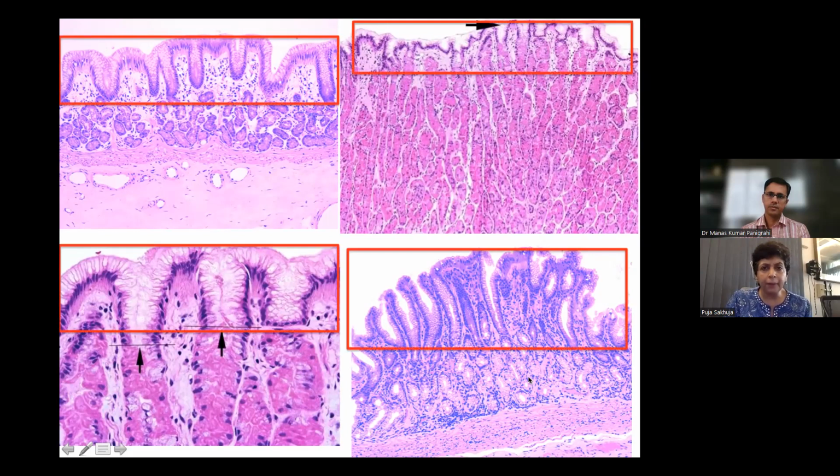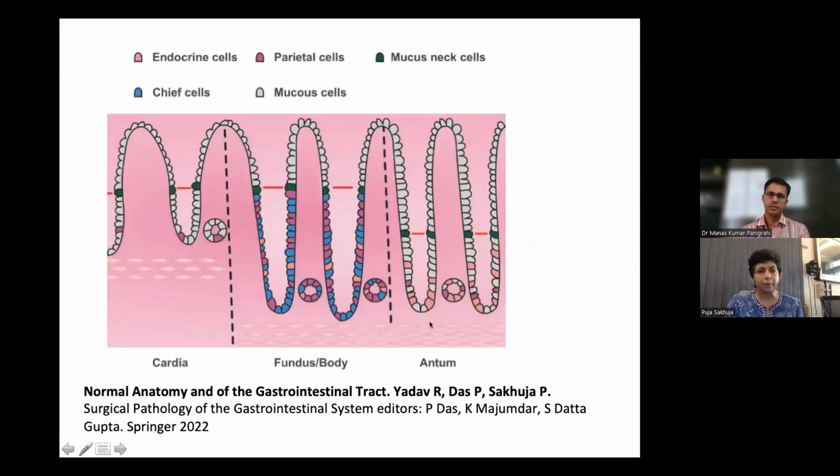So this upper layer, which is highlighted by the red box, is common to the entire stomach, but with a difference, which I'll just show you in this diagrammatic representation. So in the cardia and the fundus body, the superficial glandular zone is shorter. However, the entire thickness of the cardia is also shorter.